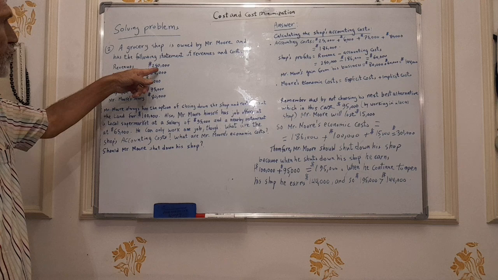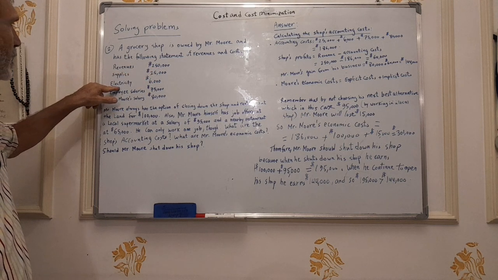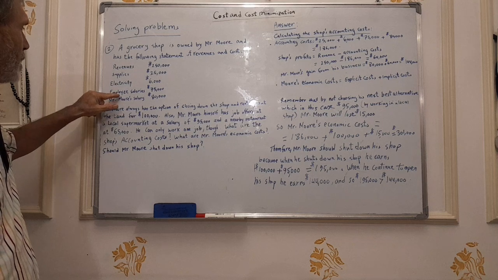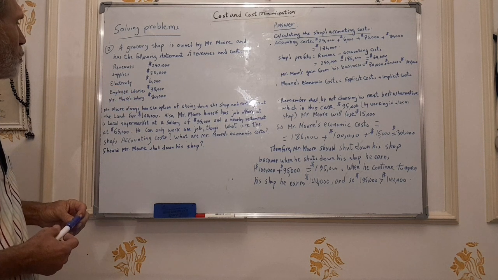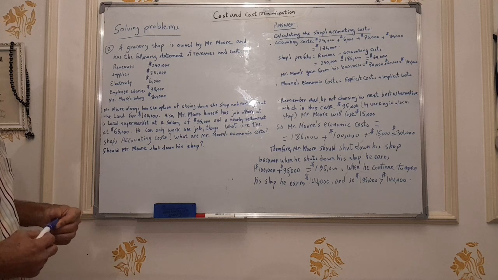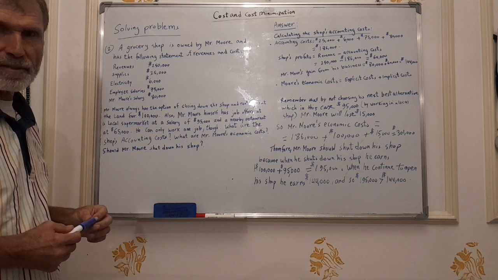Revenues, $250,000; supplies, $25,000; electricity, $6,000; employee salaries, $75,000; Mr. Moore's salary, $80,000. Of course, these appear on the economic statement.